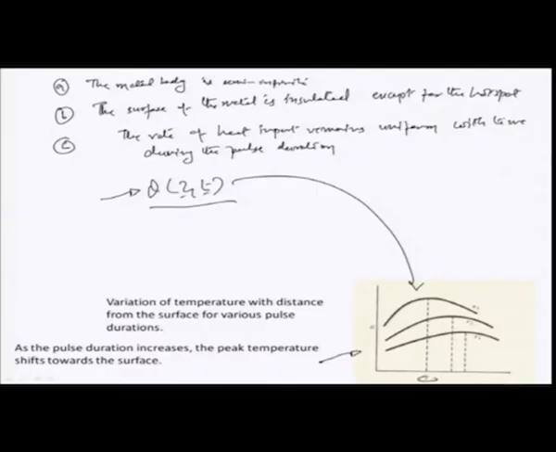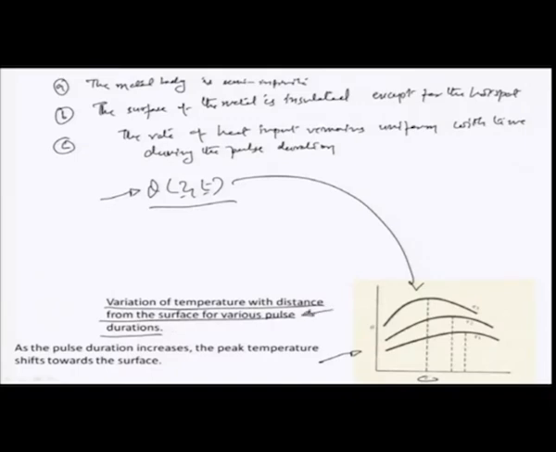Here one thing that we can observe very well is that the variation of the temperature as a result of the distance from the surface really is a function of the various pulse durations of the E beam.